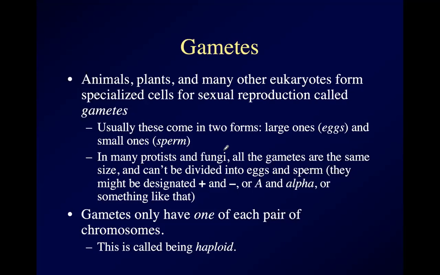And the thing about gametes is that they've only got one of each pair of chromosomes. And we call this being haploid. So gametes are haploid, not diploid. I should mention, by the way, that in plants, fungi, and some protists, this can get a little bit odd, and we probably won't have time to get into why.